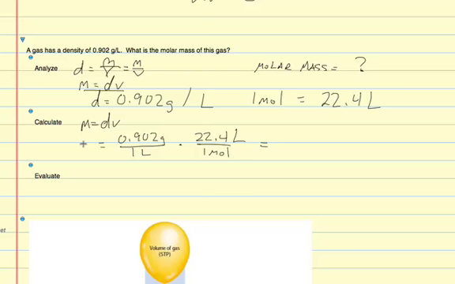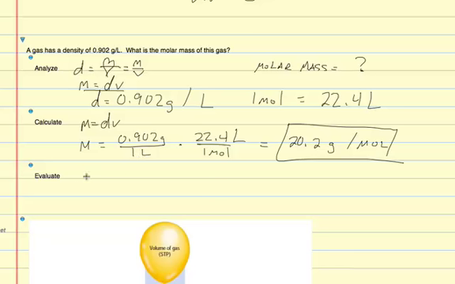And so the mass equals 0.902 times 22.4, and that gives us, on our calculator, 20.2 grams per mole. So there we have it.